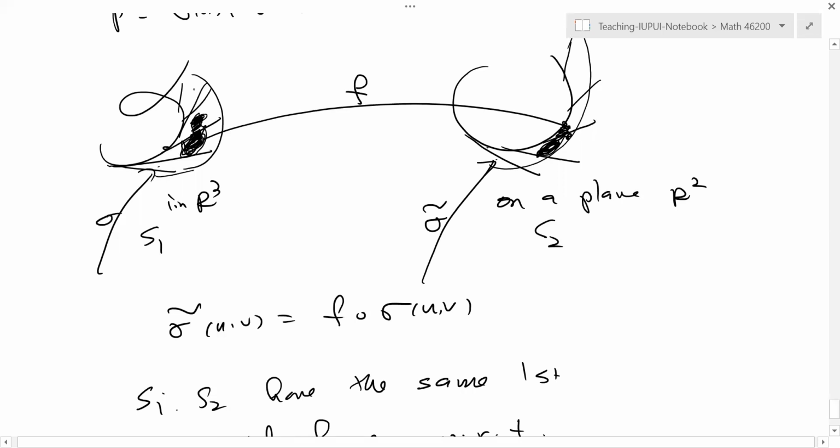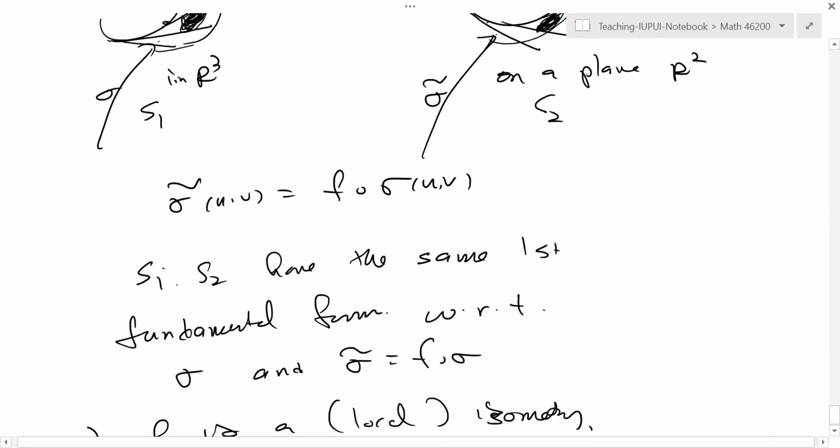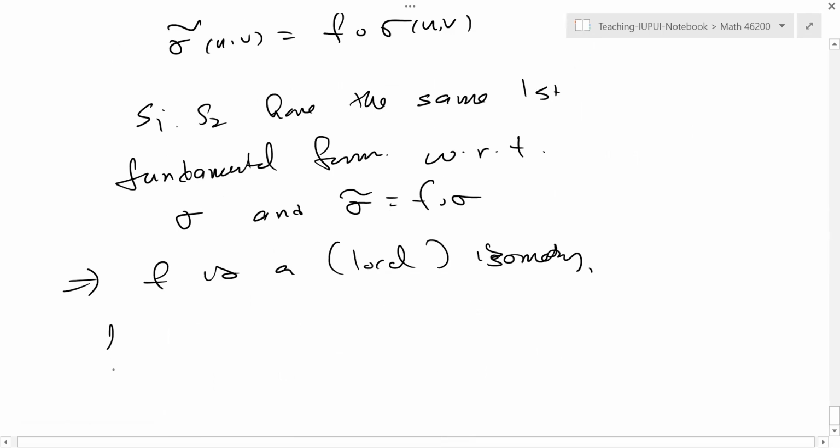Any curve on this surface is sent to a curve in the plane. This map preserves, it's hard to imagine, right, the length of the curves. So f preserves the length of curves.